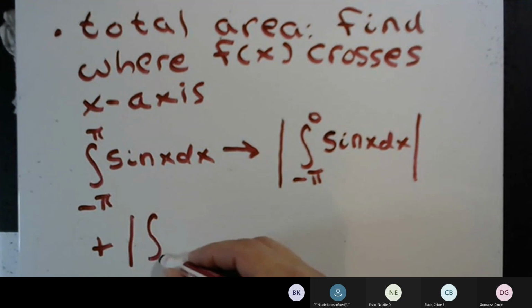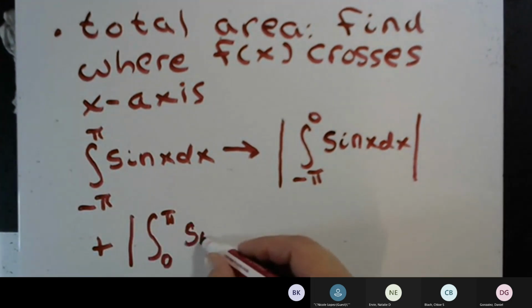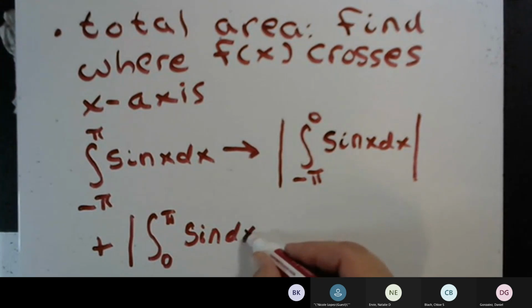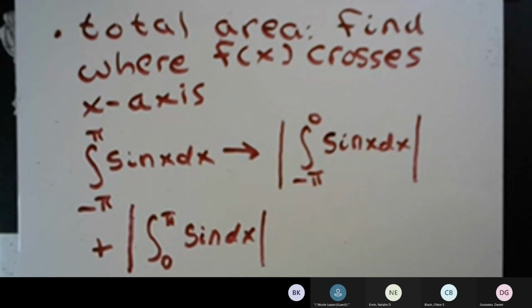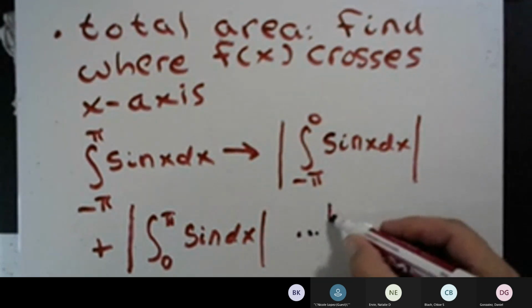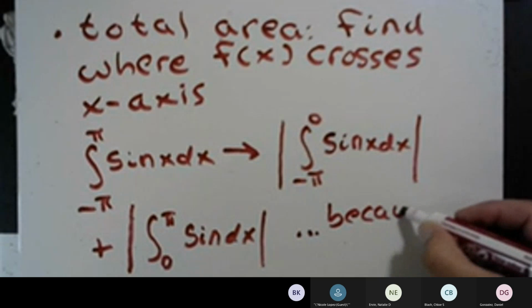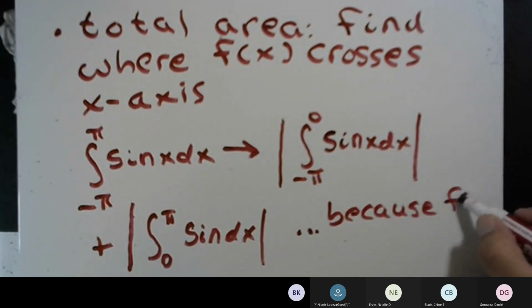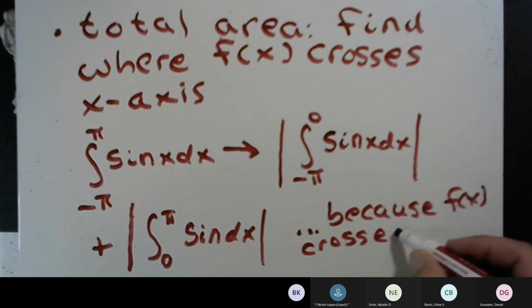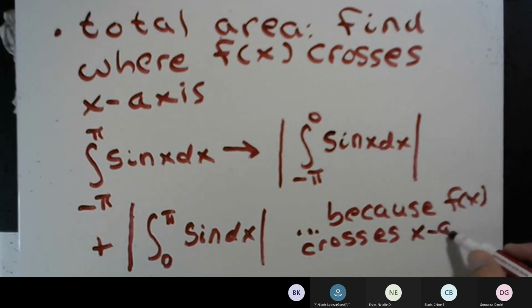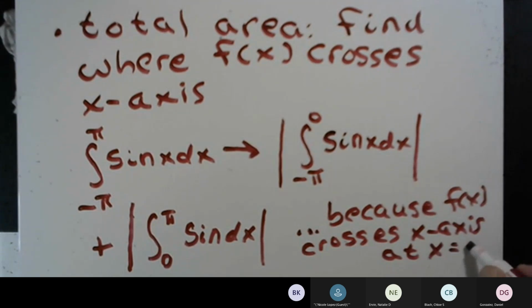and add the absolute value. In this case, you won't need to take the absolute value for the second integral, but yeah, you could if you wanted to. But you would break it up like this because f of x crosses the x-axis at x equals 0.